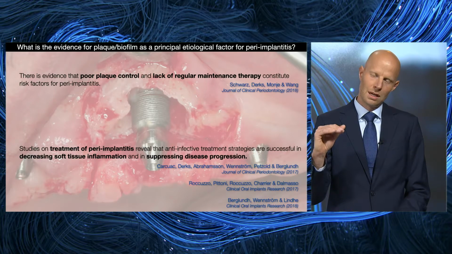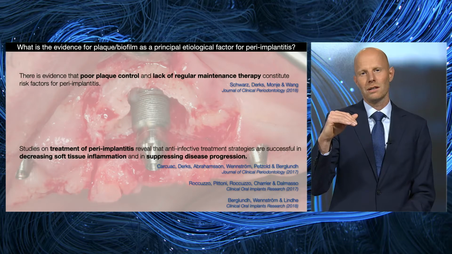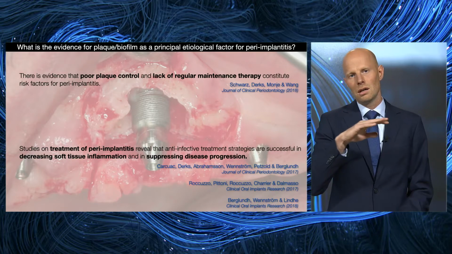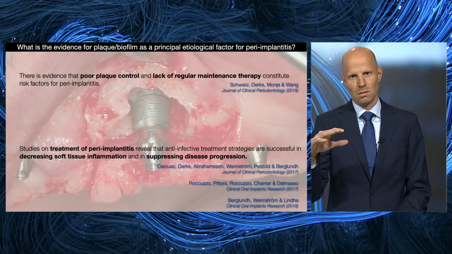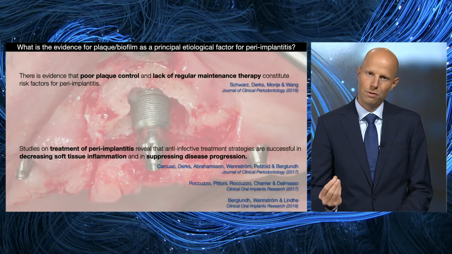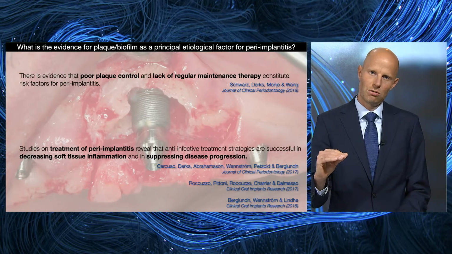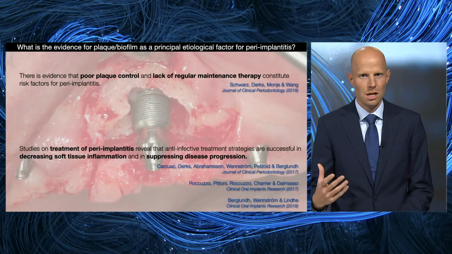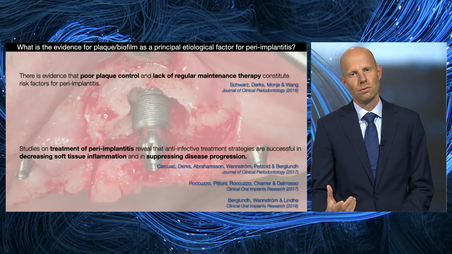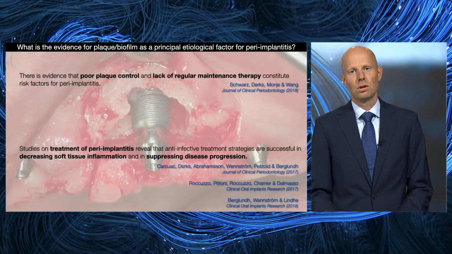In other words, the disease progression that I showed you could be quite fast, in the majority of cases arrests. Meaning that if we remove the etiological factor, the biofilm and the plaque, the disease process arrests. And that is today the strongest proof that plaque bacteria are the etiological factor behind peri-implantitis.